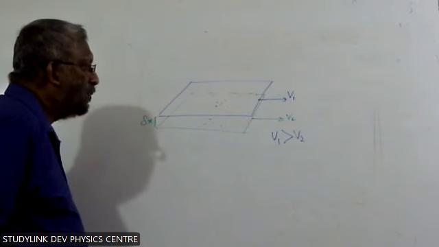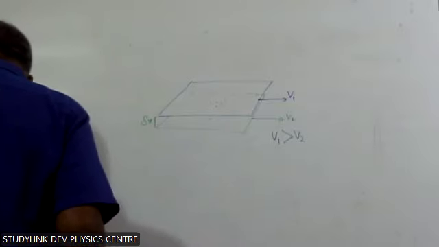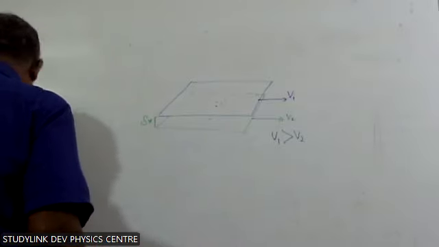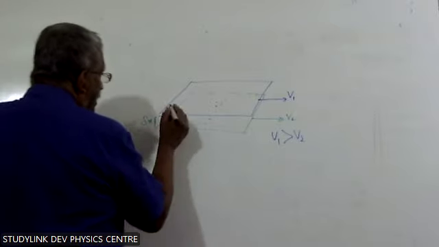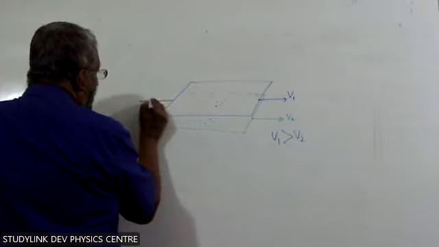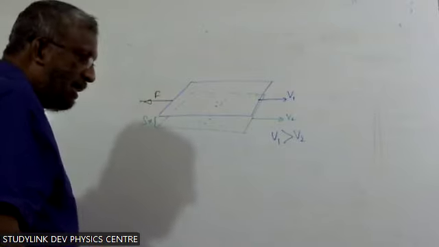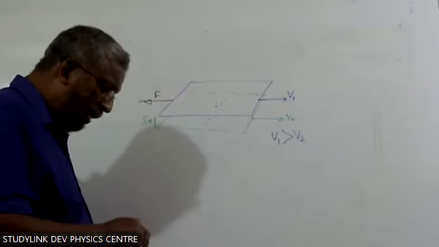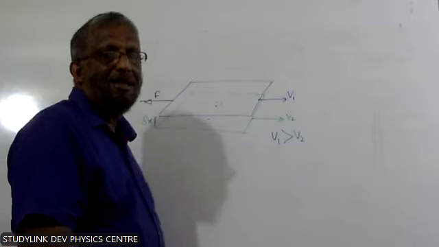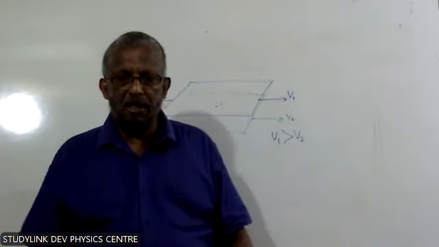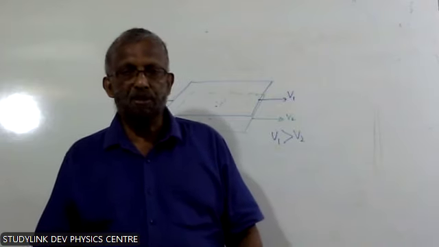The layer which is moving with V1 is getting the liquid frictional force against the motion. This liquid frictional force is called viscous force.